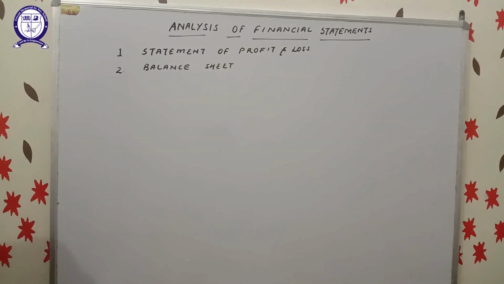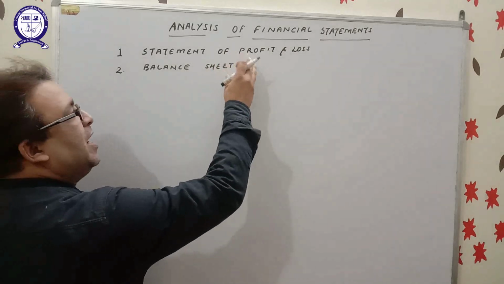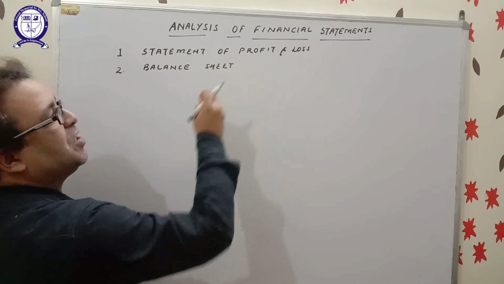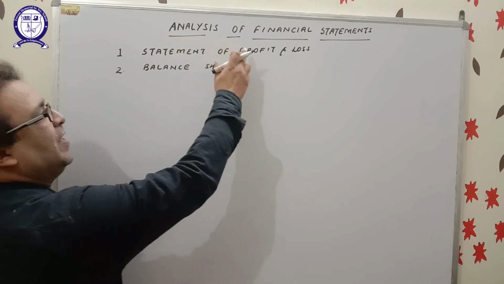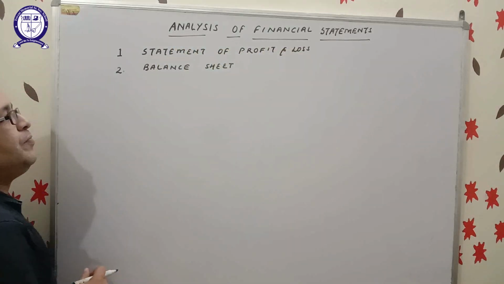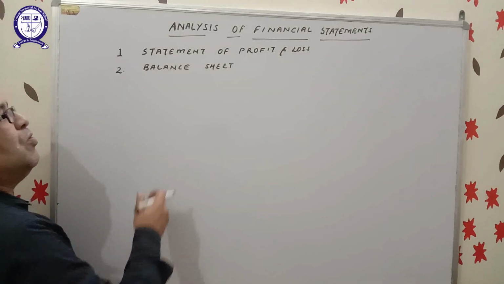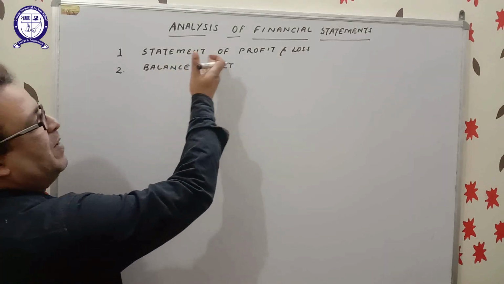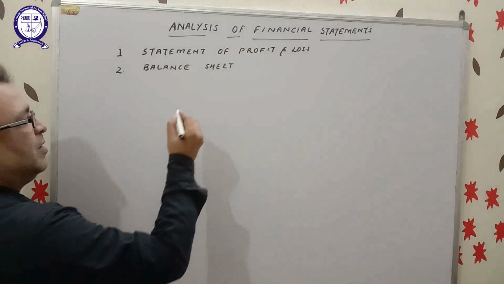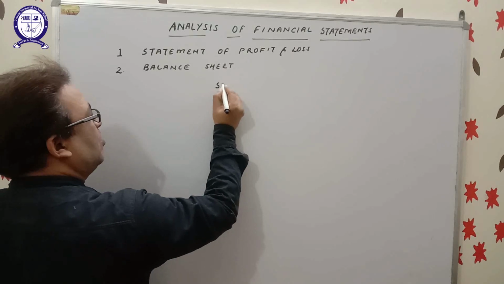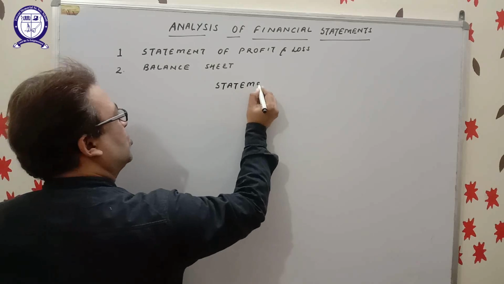When we use some techniques or methods to find the required information, this is called analysis of financial statements. To analyze the financial statements, first of all we need to know how to prepare the statement of profit and loss and how to prepare the balance sheet. First of all, I am going to tell you how to prepare the statement of profit and loss.